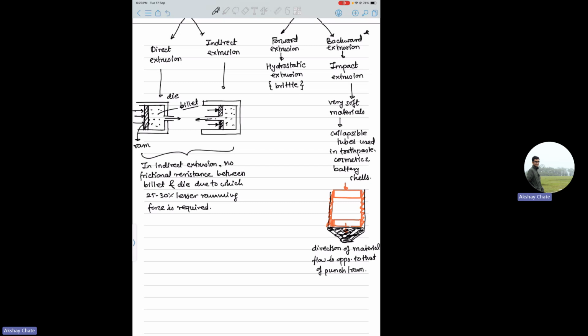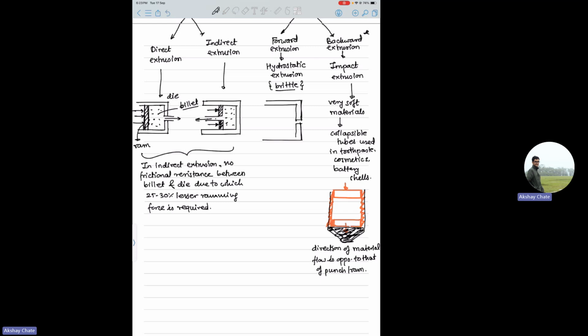And forward extrusion, which is used for brittle materials, is also called hydrostatic extrusion. It looks similar to what we have in the direct extrusion process, but there is a slight difference here.